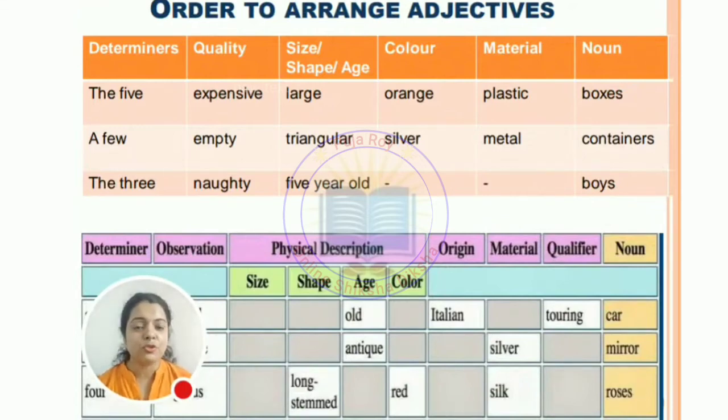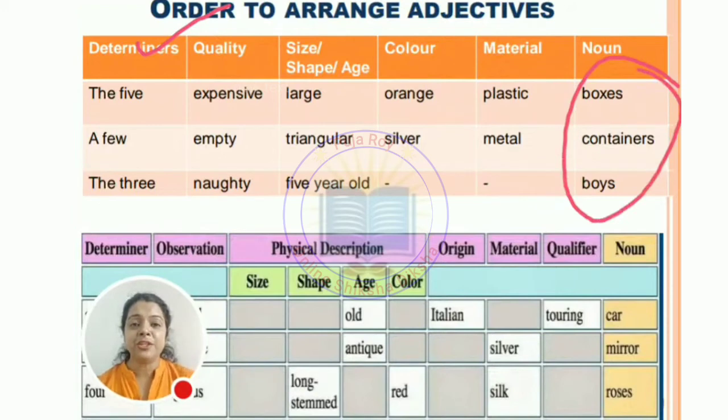The order is supposed to be: first should be the determiners. Determiners means a and the, that is articles, and adjectives of number. They all come in the category of determiners. Then comes quality. Adjective of quality, you know very well, is how the thing is. After that, we come to size, shape and age. Then comes the color, then comes the material, and finally comes the noun.